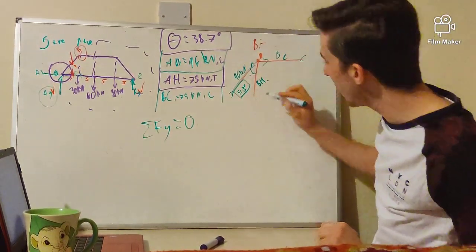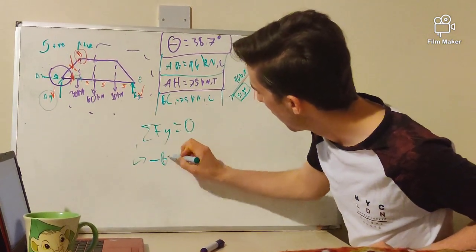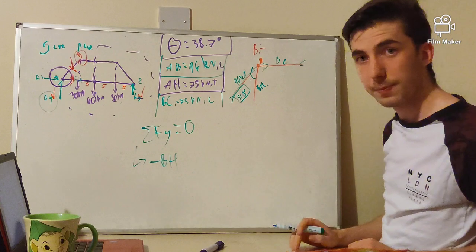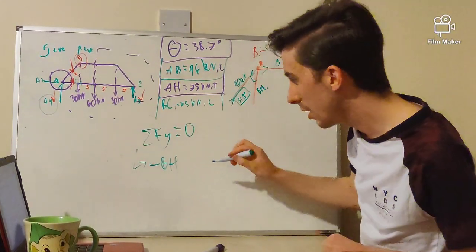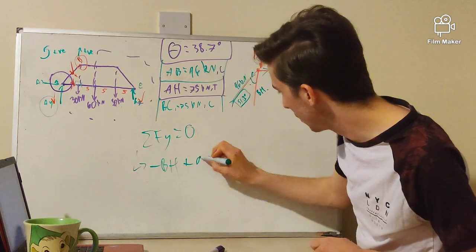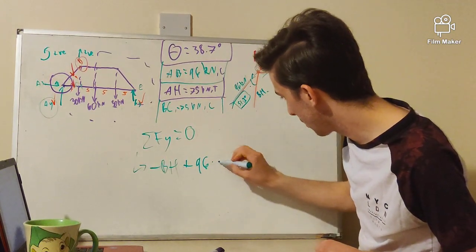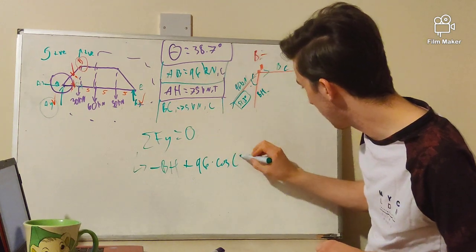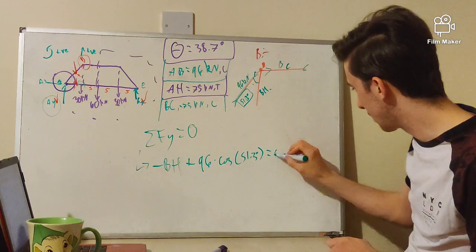So BH is going to be negative, so that's minus BH, because that's going to be acting down, and that's added to 96 kilonewtons times the cosine of 51.3 degrees, and that has to equal 0.